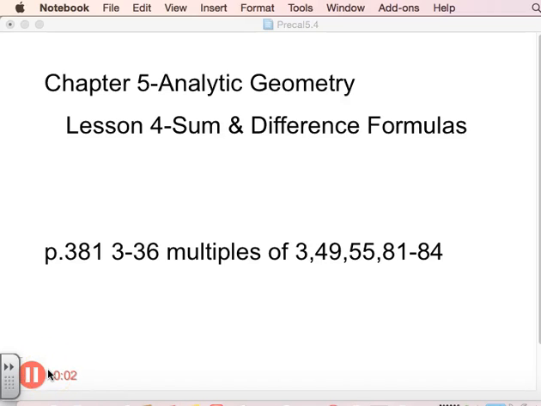So next section in chapter 5 is on the sum and difference formulas, and you'll see these on your formula sheet. These are ones that will actually be given to you on your local EOC that you'll take.